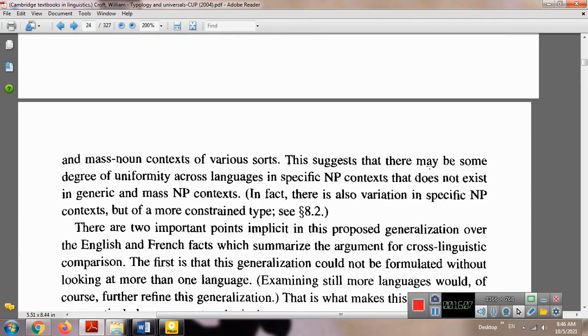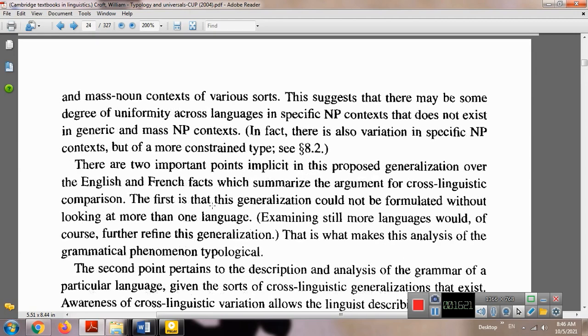This suggests that there may be some degree of uniformity across languages in a specific noun phrase context that doesn't exist in generic and mass noun phrase contexts. There are two important points implicit in this proposed generalization over the English and French facts, which summarize the argument for cross-linguistic comparison.